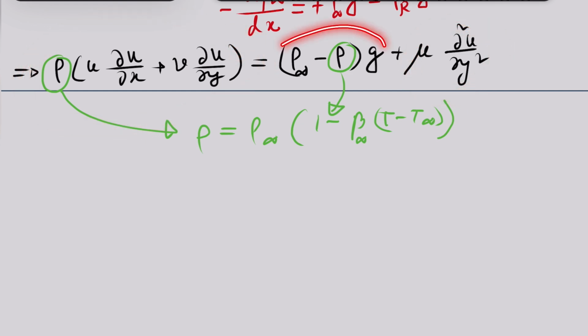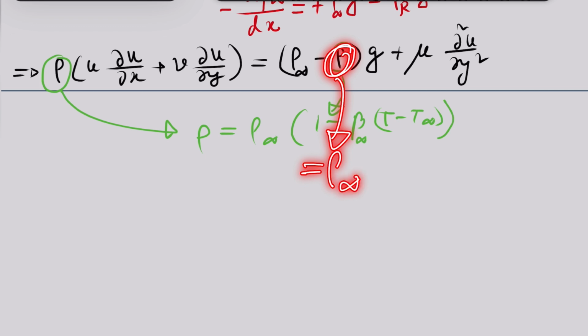Boussinesq observed that if we drop this term, then there will be no natural convection. That is why here we cannot consider that this rho is a constant and is equal to rho infinity.